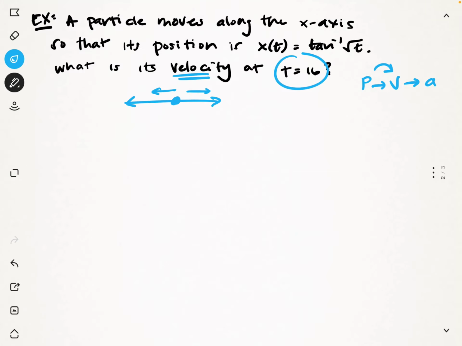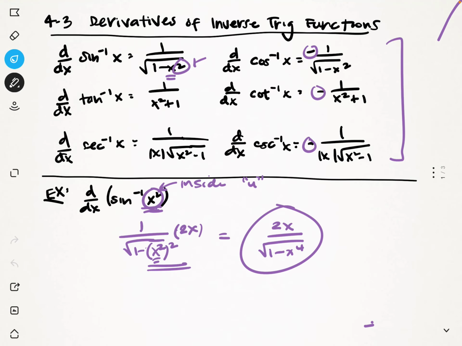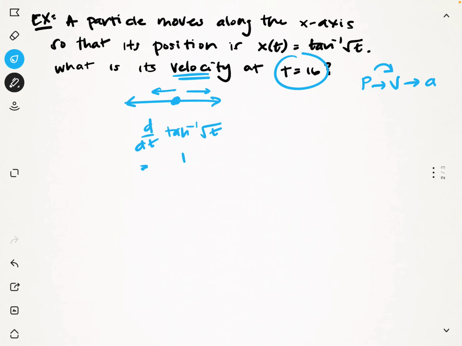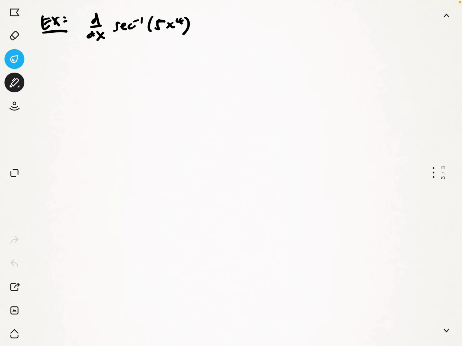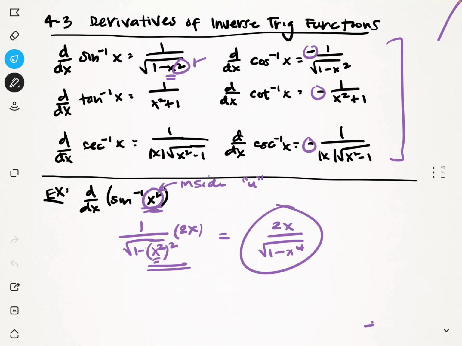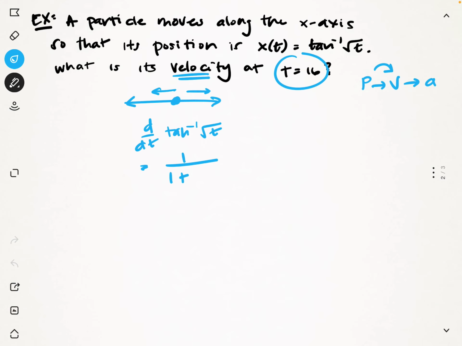So let's go ahead and do that. The derivative with respect to t, because our variable is t, of tangent inverse of square root t is going to be equal to, let's go back here just to make sure, 1 over 1 plus x squared, or x squared plus 1. So 1 over 1 plus, or x squared plus 1, either way.